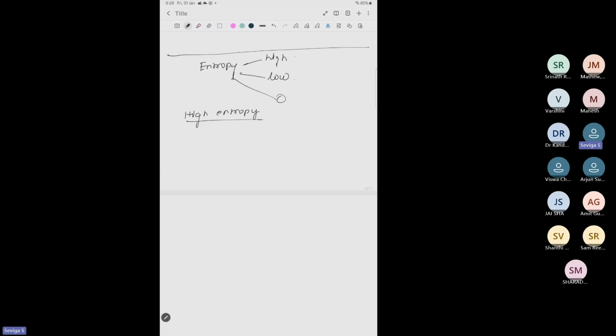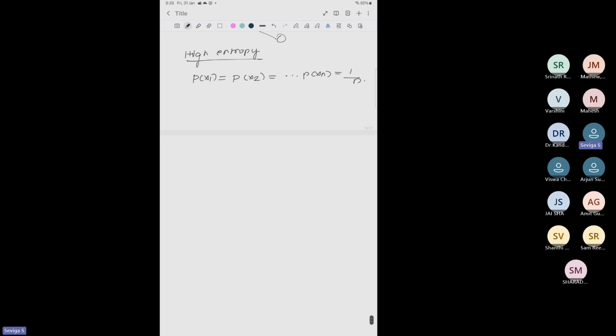Imagine that all the probabilities are evenly distributed, so the probabilities of all the outcomes are the same, 1 by n. Then it indicates high uncertainty or unpredictability of the data. So in that case, we will have a high entropy. Let's derive this and see how it comes. Let's take an example. We are tossing a fair coin.